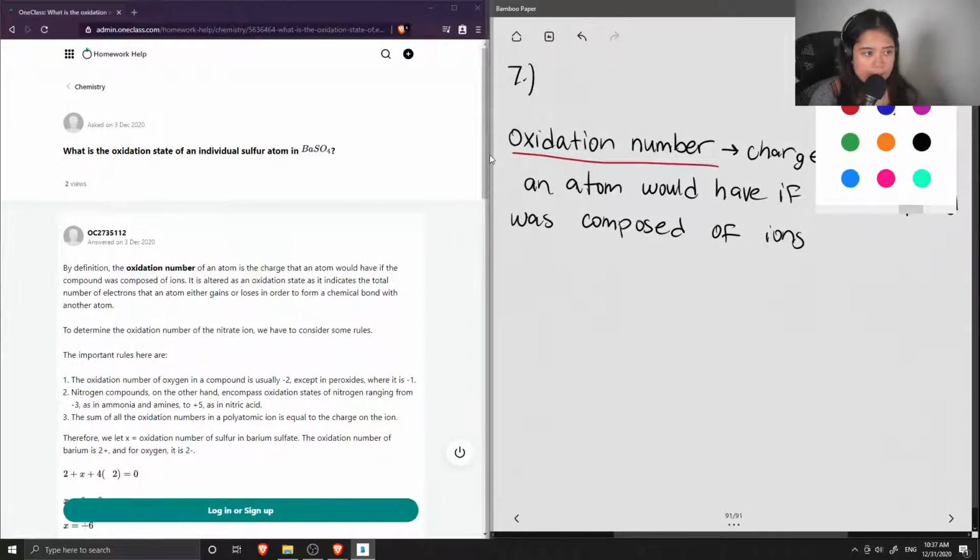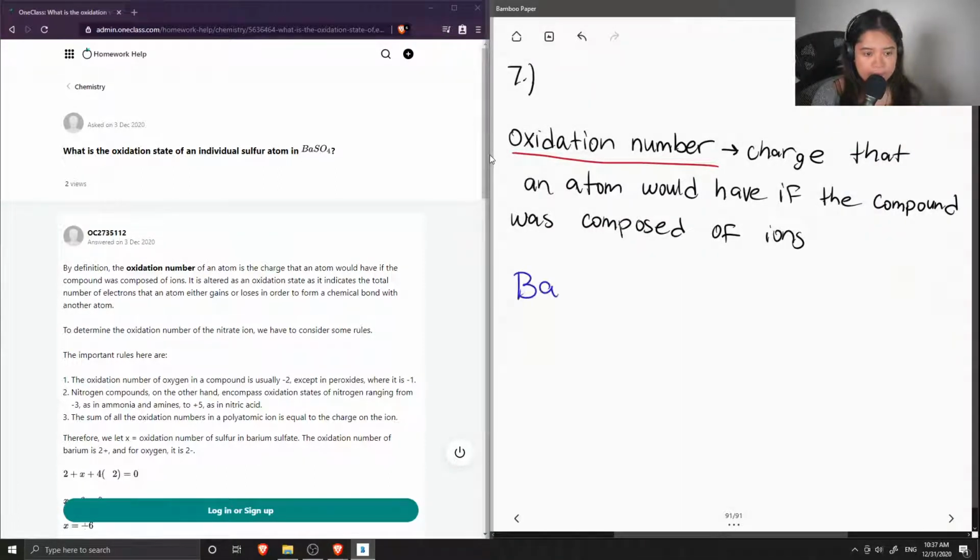Okay, so let's look at barium sulfate. We can separate it into its ions to make it easier for us to find the oxidation numbers. So SO4 is an example of a polyatomic ion called sulfate, and it has a charge of 2-. So if we were to break apart barium sulfate, barium has a 2+ charge, and the sulfate ion in total has a 2- charge.